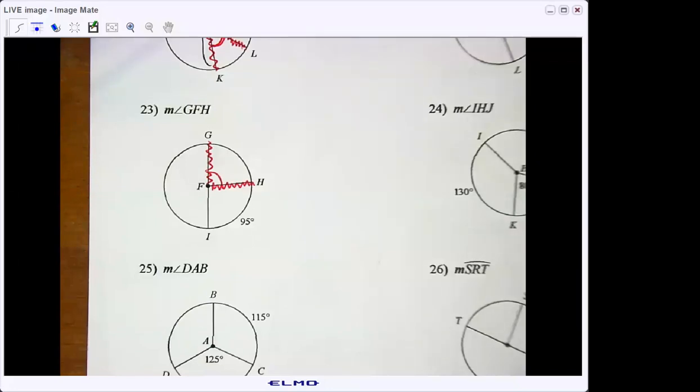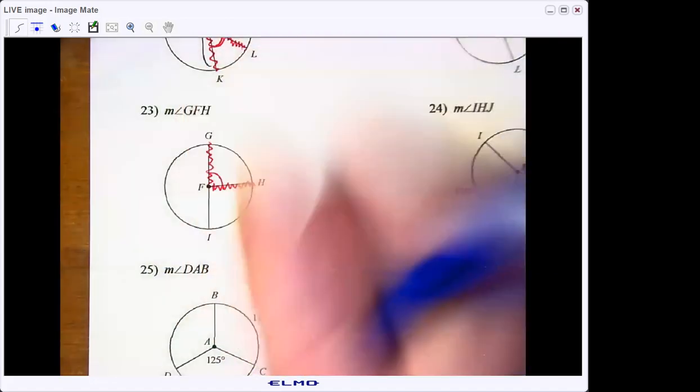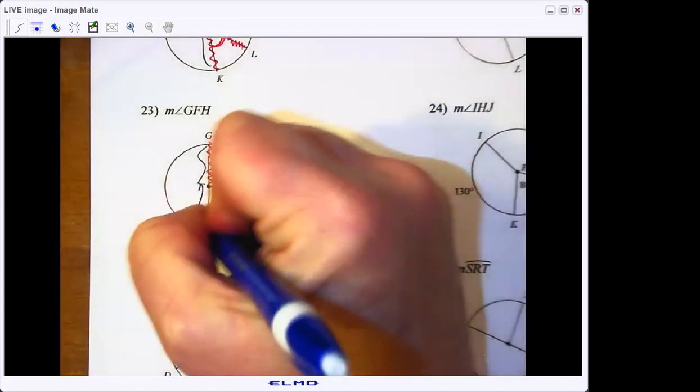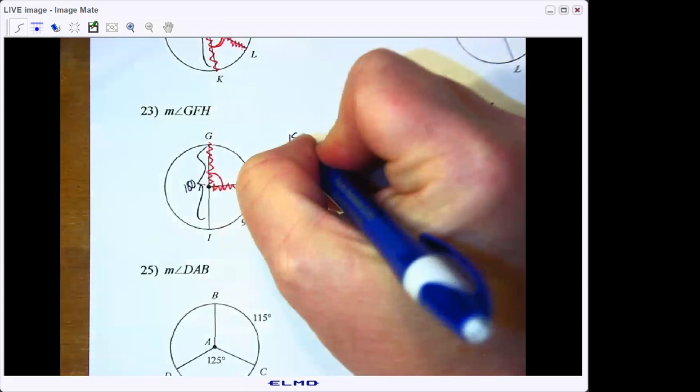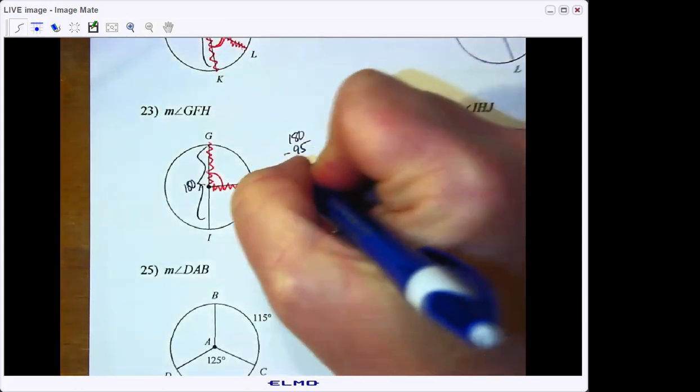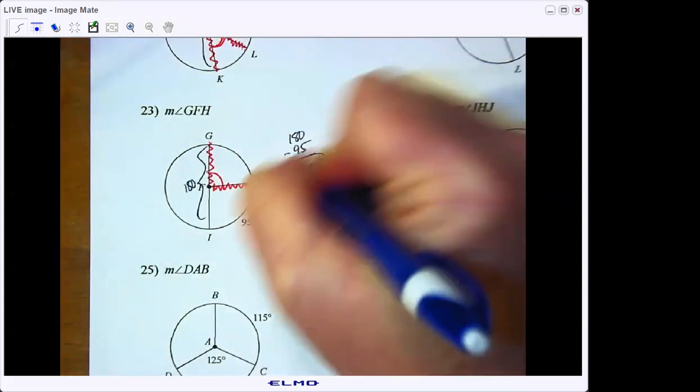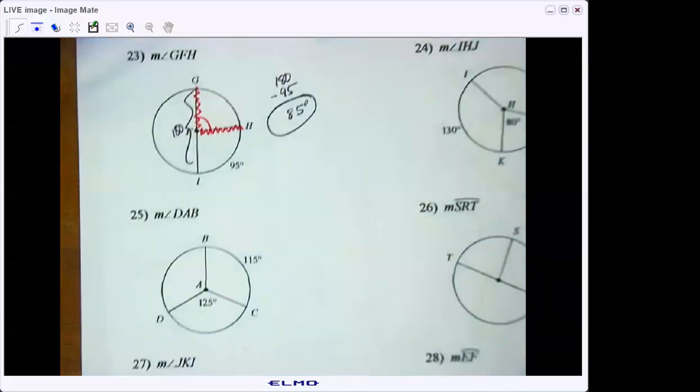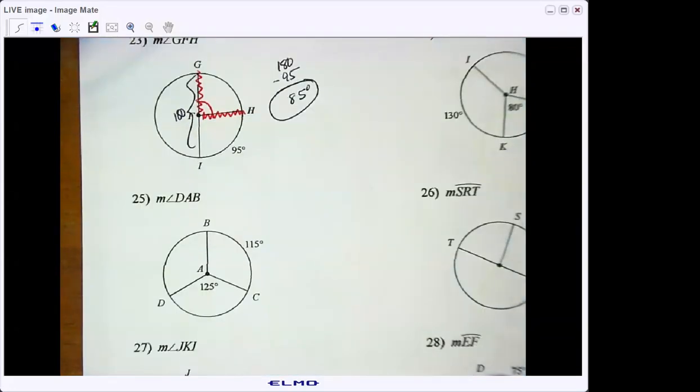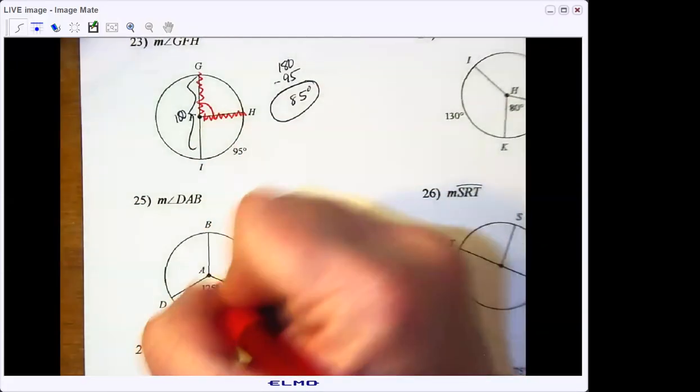Okay, good. Because we know that this whole thing again is 180. 180 minus 95 will give us our 85 degrees. Put your answers in the chat box. Okay, so angle DAB. We're still doing angles, not arcs.